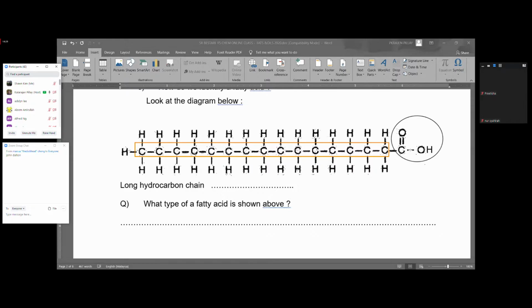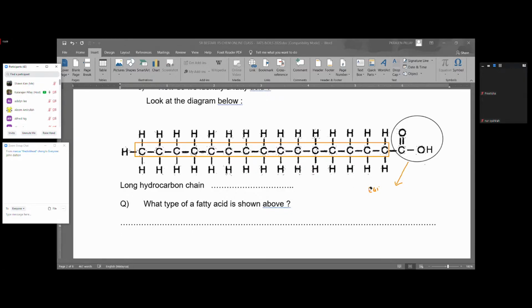Then this one, what is this called? Carboxyl group. Write that down first. Carboxyl group, which is the COOH.